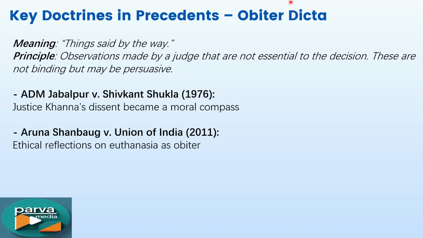Obiter dicta are not essentially part of the decisions, and therefore they are not binding on future courts. Only stare decisis and ratio decidendi are binding factors, but obiter dicta is not.